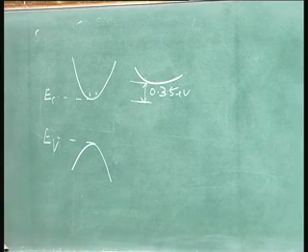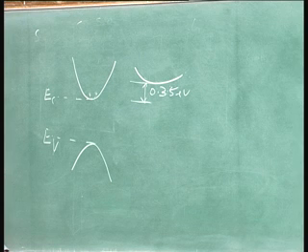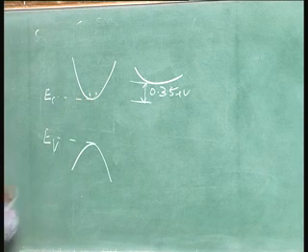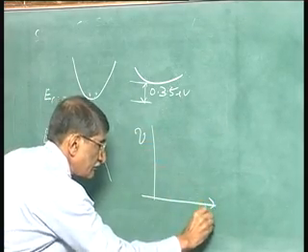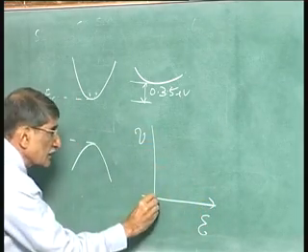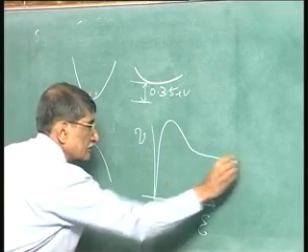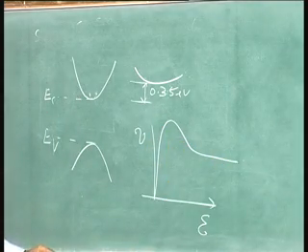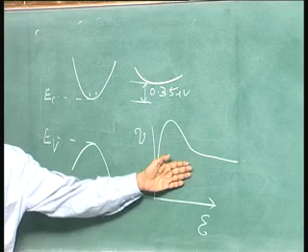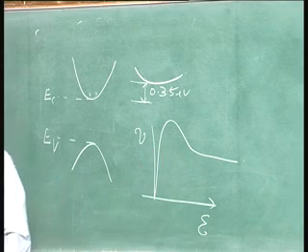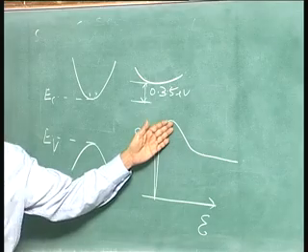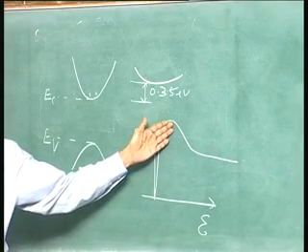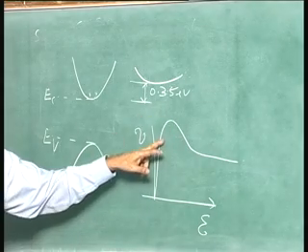So, suppose you have these channel electrons and the velocity-field characteristic is like this. It goes up like that. When you go to short channels, velocity will improve, everything will improve. Because of this you get velocities in excess of 4 into 10 to the power 7 centimeter per second.